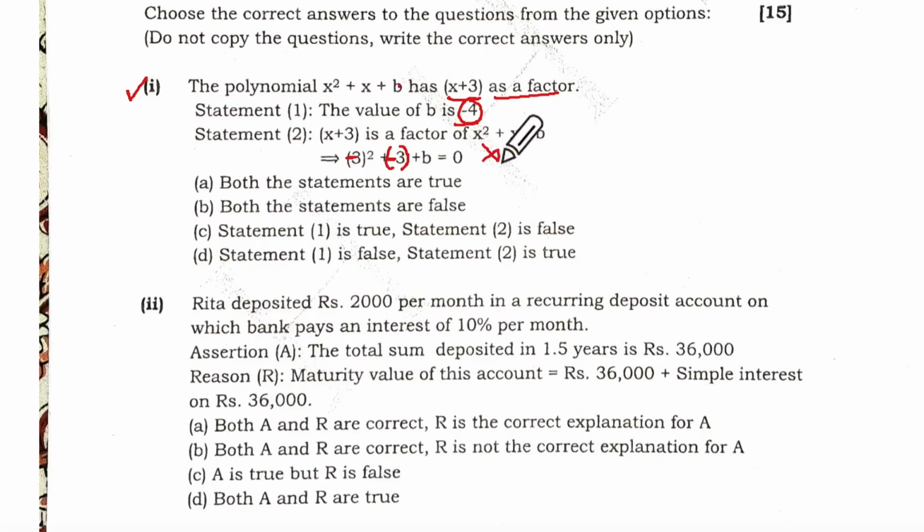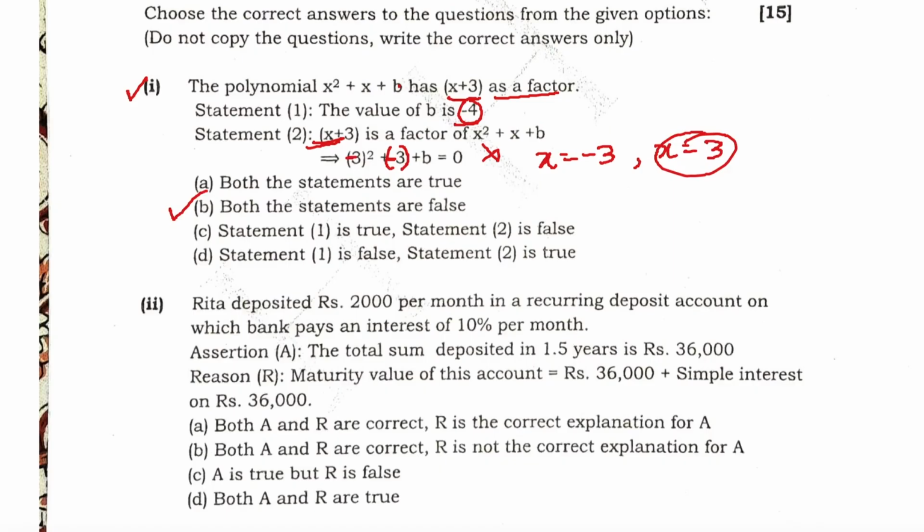Yes, miss. This statement earlier we said tick mark. No, it is wrong. Because if this is the factor, then x should be equal to minus 3, but they have used x equal to 3. So how can they write x equal to 3? Okay, so that is why both of them are wrong.